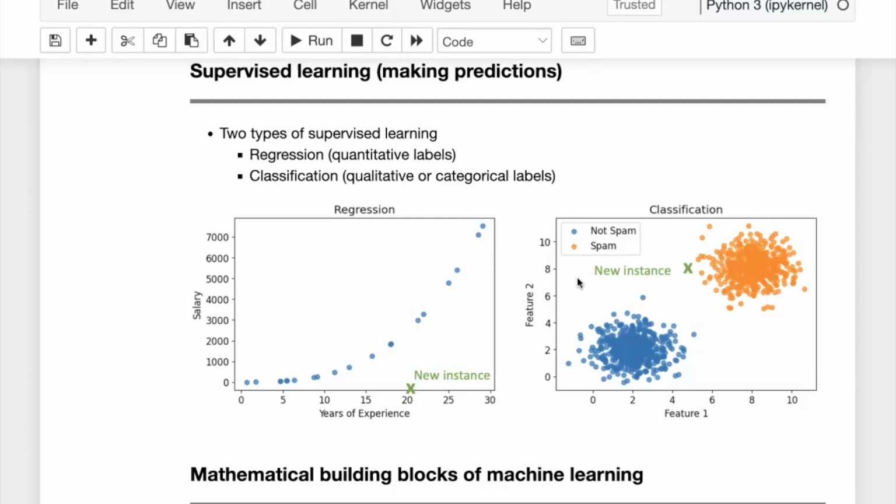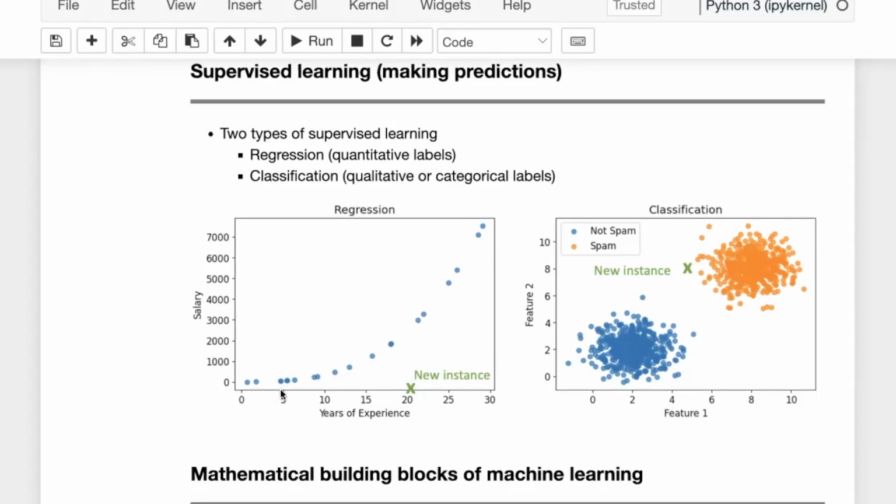To show the difference here, on the left side, you can see that this is a regression problem. Let's say you have years of experience as your X value or input, and here the output or the Y value is the salary, right? So if you have a new employee with a number of years of experience, can you predict the salary for that new employee?